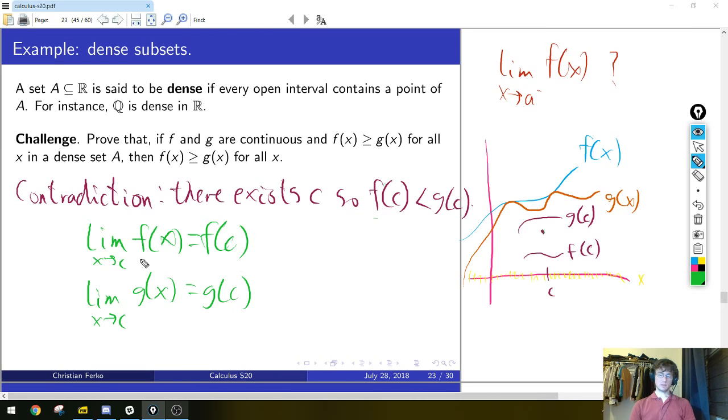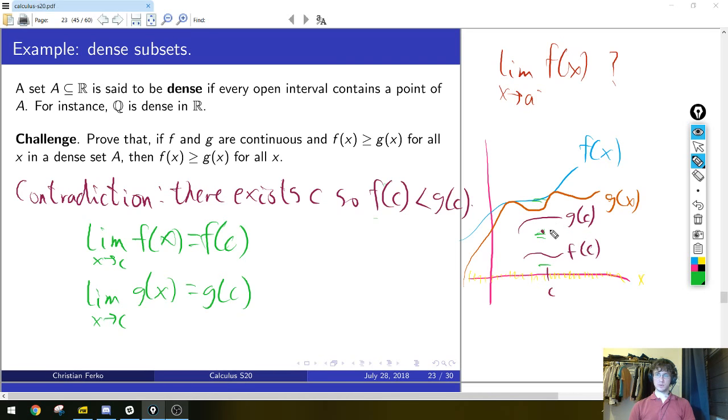So if these limits exist, then for any epsilon, we can find deltas so that the outputs will be epsilon close when the inputs are delta close. So why don't we just pick epsilon to be half the distance between them again? Right, so pick epsilon to be half the distance between g of c and f of c.